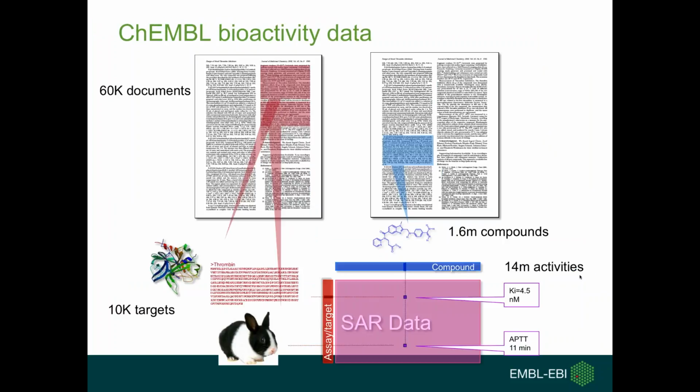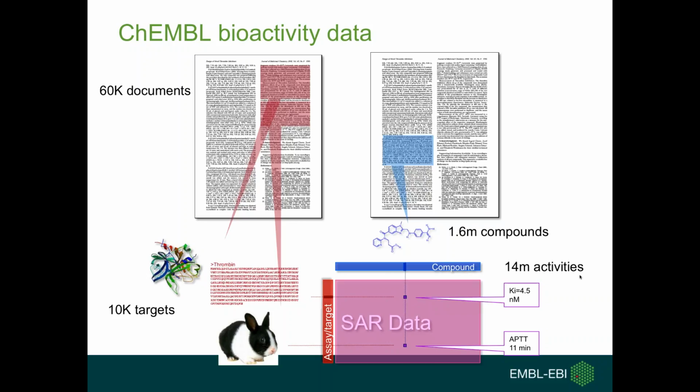And a little bit more detail about the data that we actually extract. We go through full text articles in primarily medicinal chemistry journals, so J Med Chem, Bioorg Med Chem Letters, and things like this, and we manually extract information about the compounds that have been synthesized, including their full chemical structures, and the assays that have been performed on those compounds. We map that assay information through to targets, which could be molecular targets like proteins, or could be things like cell lines or organisms.